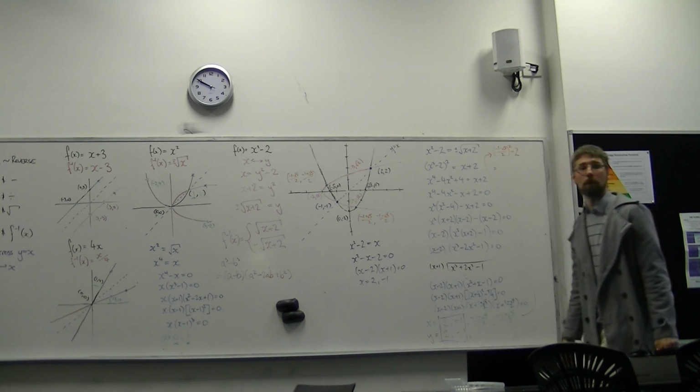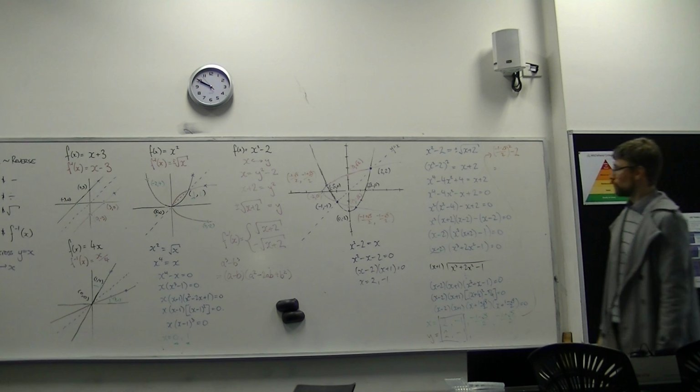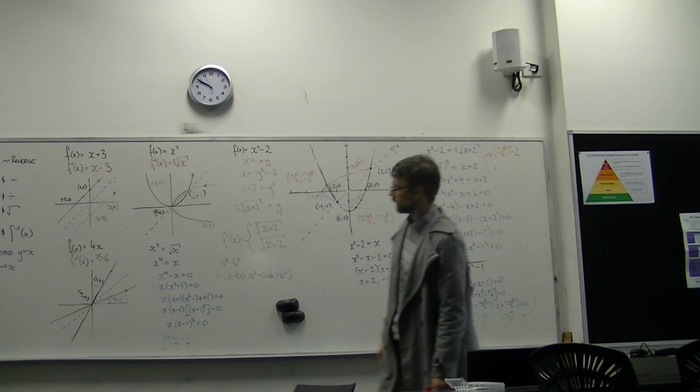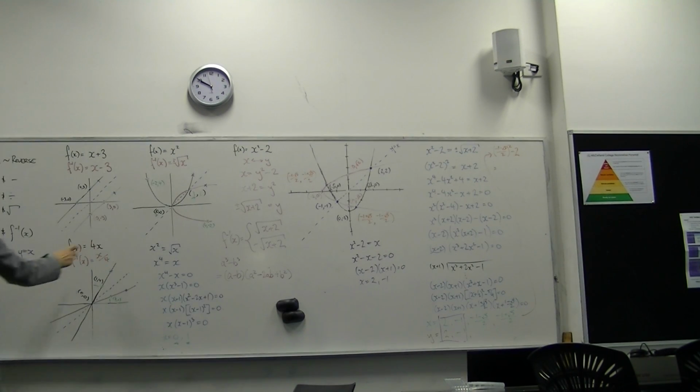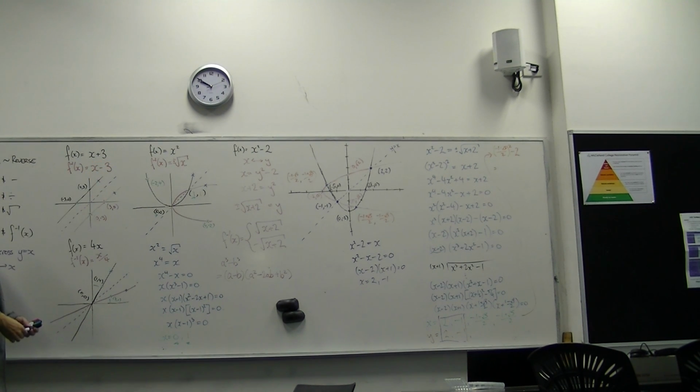If we subbed in 4x equals x for the other equation, what's the only solution? 0. And you can do it with x plus 3 equals x. What does x equal? No solution.